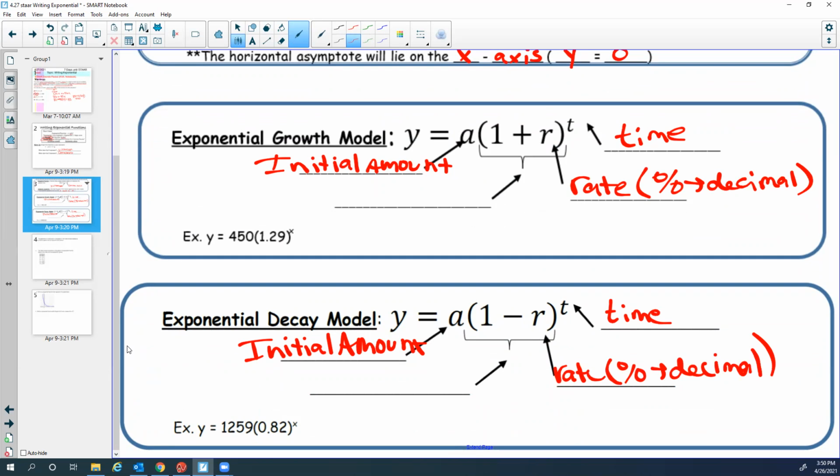But the next part, the 1 plus R, is going to represent whatever your growth rate is. These are the examples where you're going to have a number bigger than 1, and so that's how you know that it will represent a growth. If on the other hand your number is less than 1, those are examples where you're going to have a decay rate.